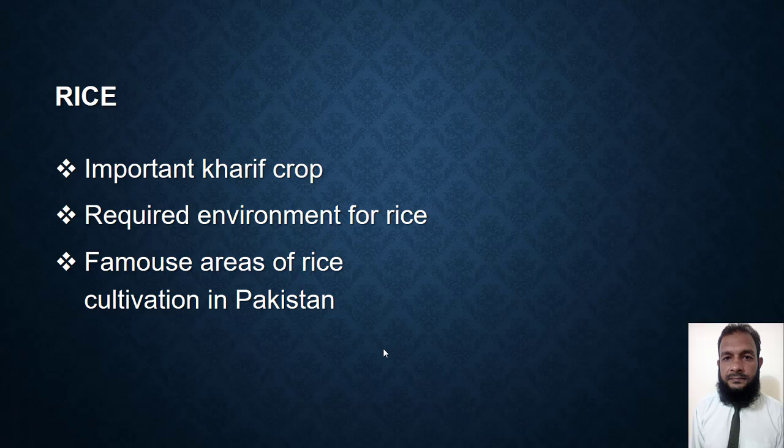Famous areas of rice cultivation in Pakistan. Famous areas for the production of rice in Pakistan are Gujranwala, Gujarat, Kamoki, and Narowal. These cities are located in Upper Punjab and received heavy rainfall in rainy season.